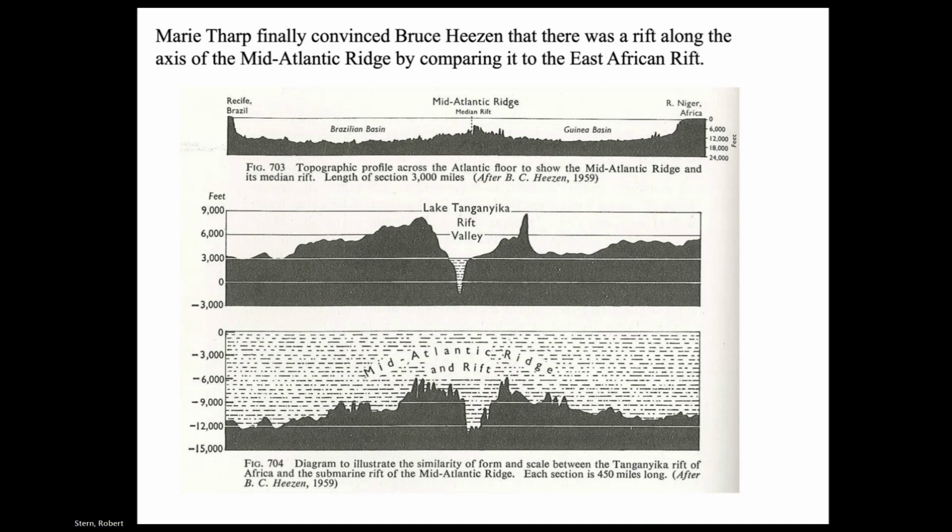And so she suggested to Heezen that it was a rift, and he resisted. He didn't like that idea, but eventually she convinced him. And we knew from East Africa and other rifts that these are regions where the crust and the lithosphere are pulling apart. So that became sort of accepted, that somehow things are extensional here.